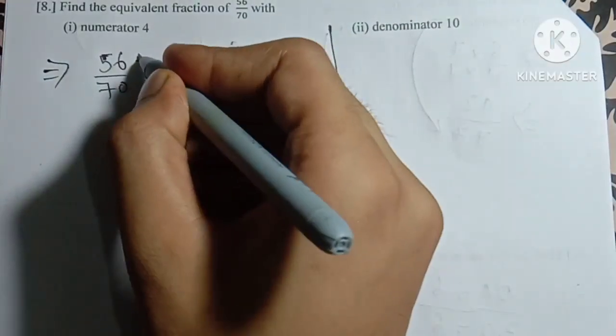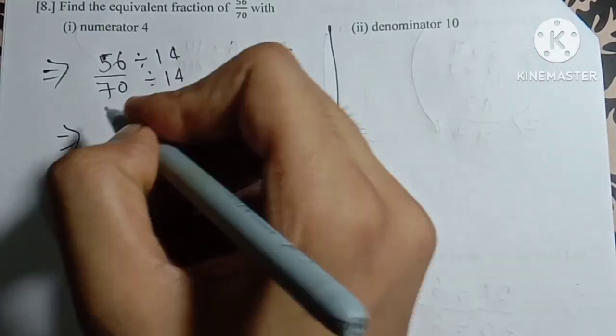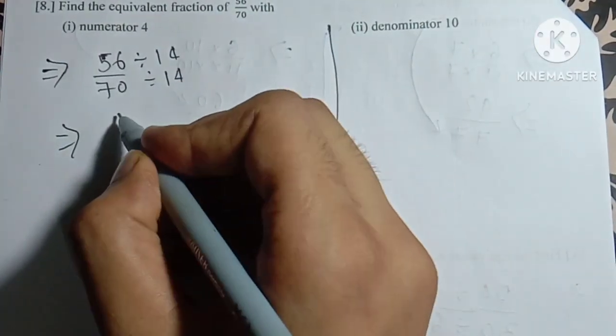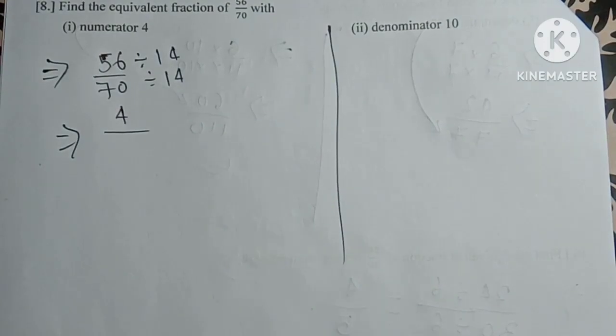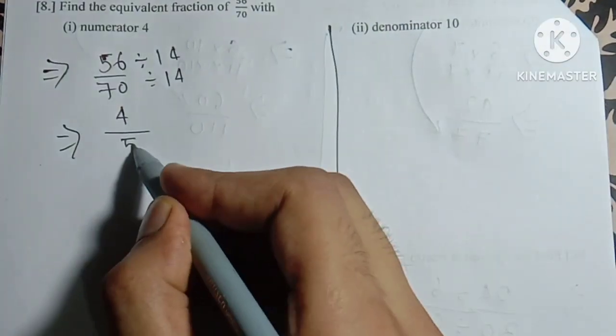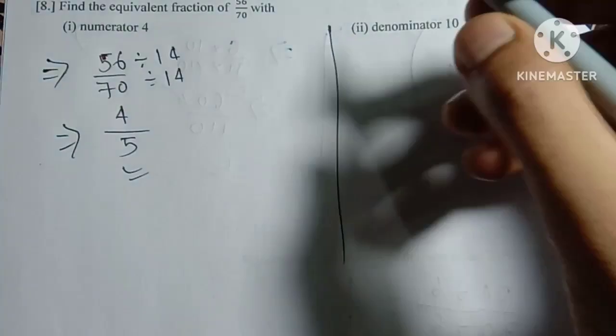So if we divide by 14, you will get the desired numerator, that is 4. So here we will get 4 upon, now in the table of 14, if you search for 70, in 5 times you will get 70. So the equivalent fraction of the given fraction having numerator 4 is 4 by 5.